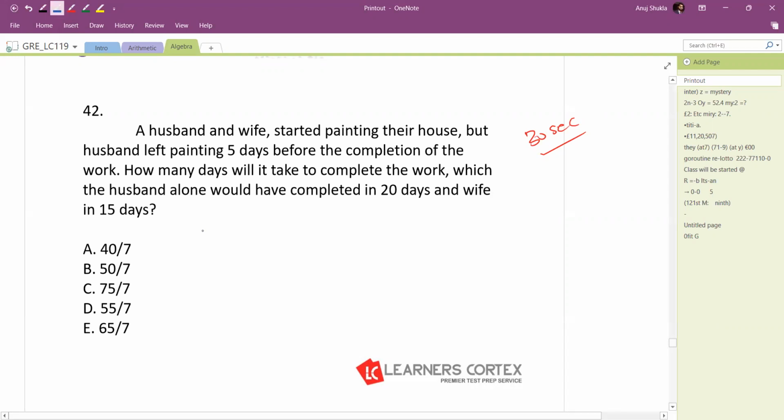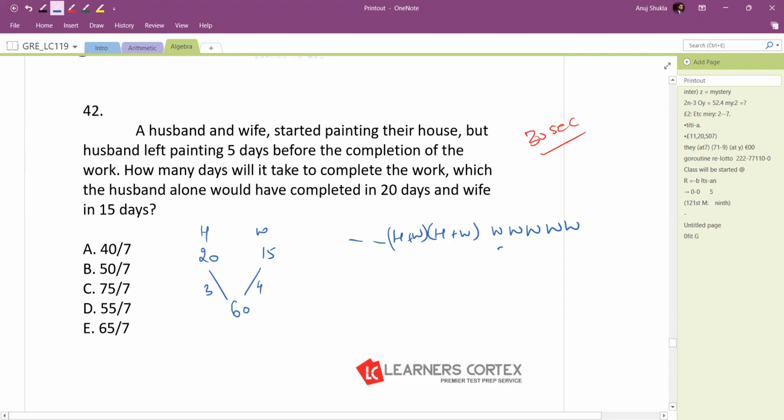Husband can do the work in 20 days. Wife can do the work in 15 days. Wife is more efficient. Suppose the total work is 60 units. Husband can do 3 units per day and wife can do 4 units per day. Husband is leaving 5 days before, means in the last 5 days who would have worked? Only wife would have worked. And before that, who would have worked? Husband and wife, and so on.